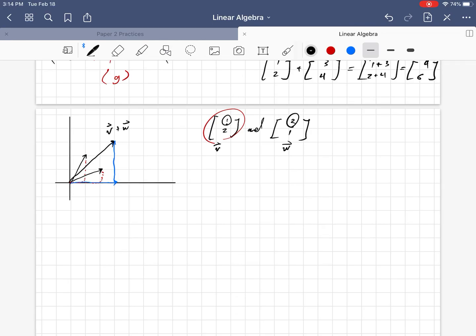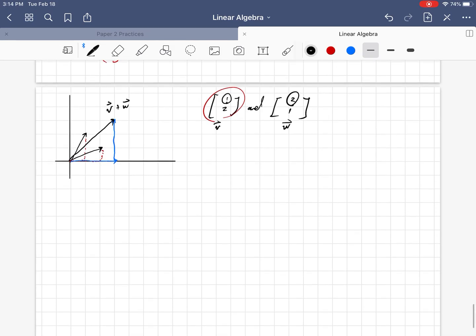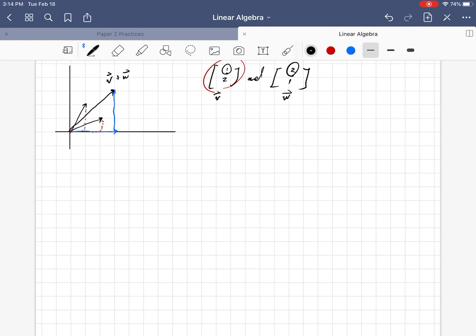Let's see. We talked about linear combinations. If I give you some arbitrary vectors, can we determine if they're a linear combination of some other set of vectors?